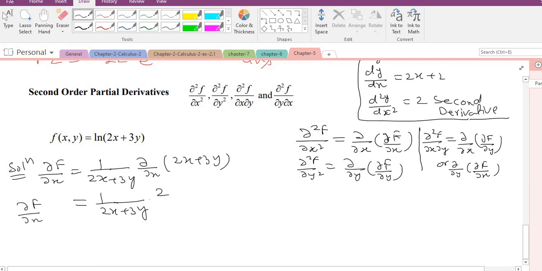If you want to find del 2f del x square, what you have to do? Just del x of del f del x. Del x of del f del x means del 2f del x square. It means again differentiate this one with respect to x.